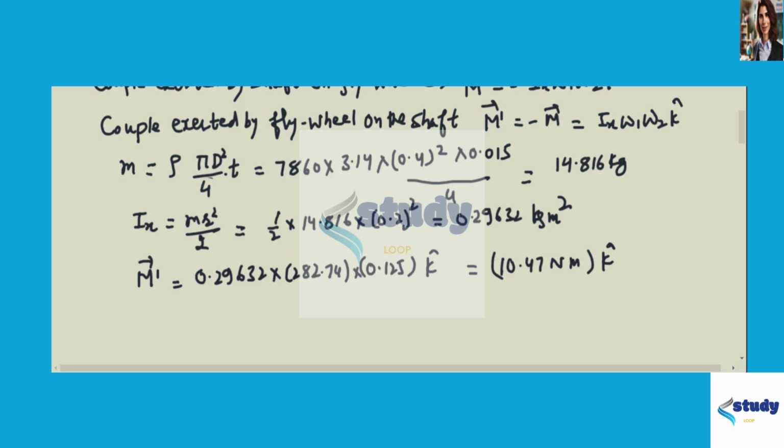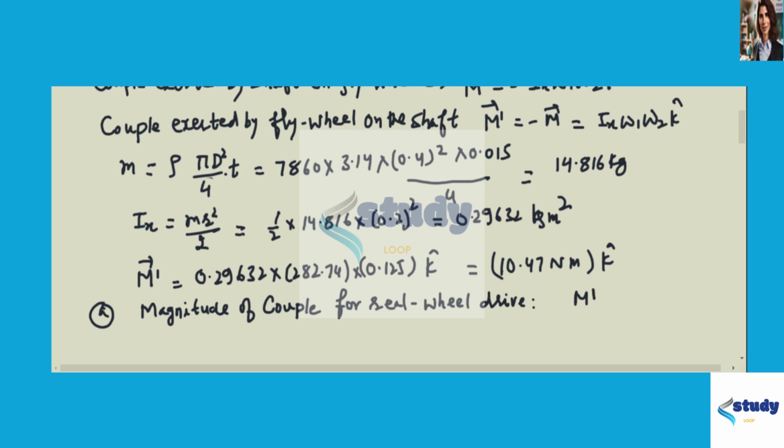So here you may say the magnitude of couple for rear wheel drive is 10.47 Newton meter.